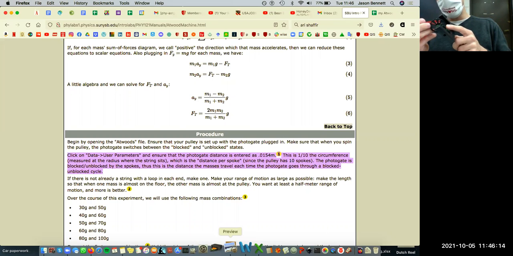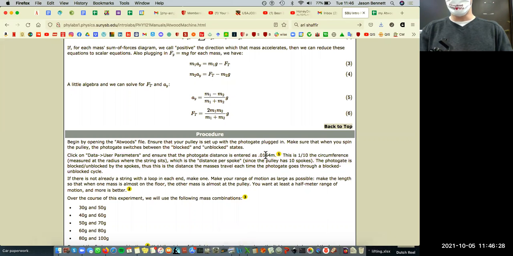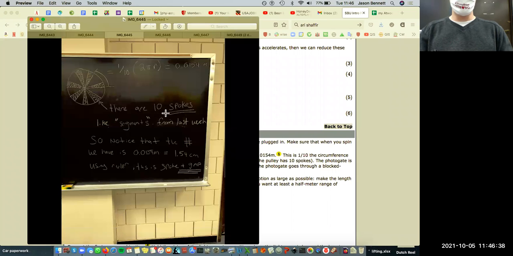If I measure one of those, it's more like half a centimeter, not really 1.5 centimeters. However, if I measure the spoke and the gap, that is actually 1.5 centimeters, which, if you convert meters to centimeters, is moving the decimal place 2 places. So that's just some wording; it's really just like the segments from last week.